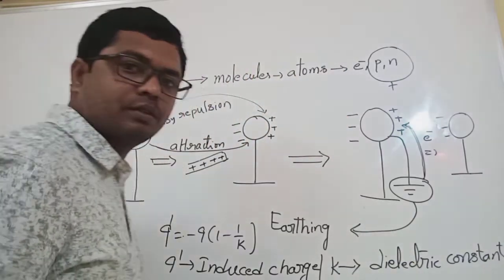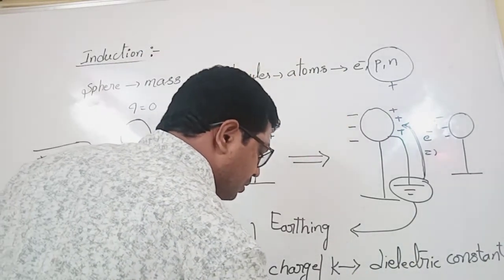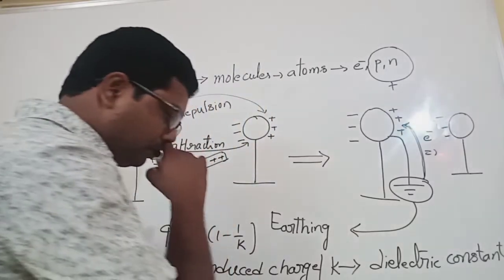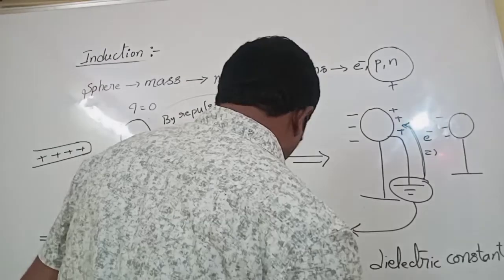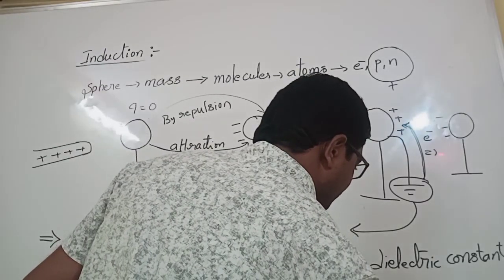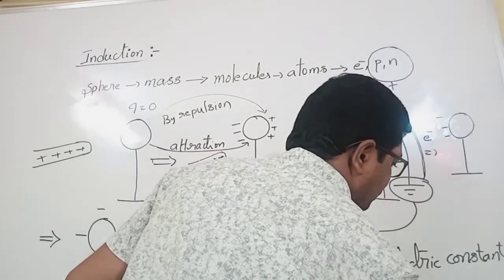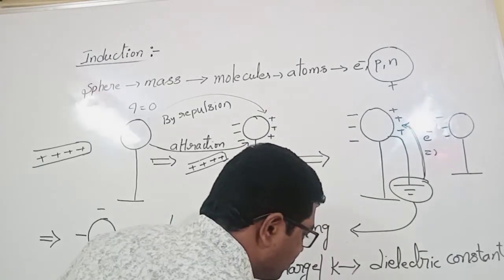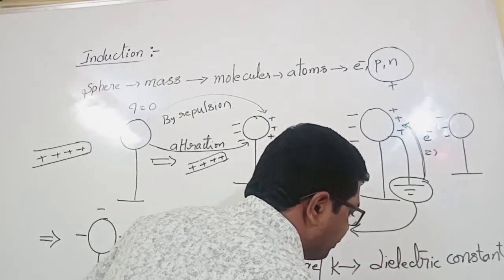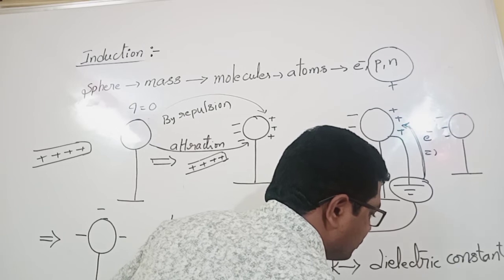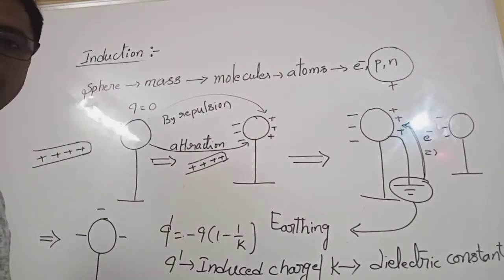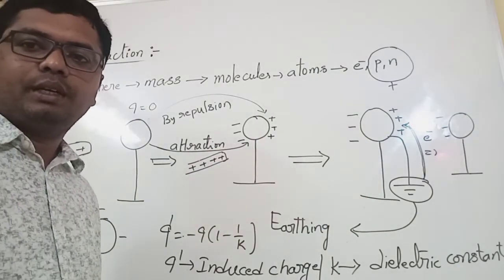K is equal to 0 for insulators, and K is equal to infinity for metals.